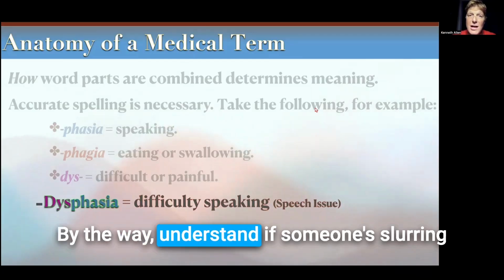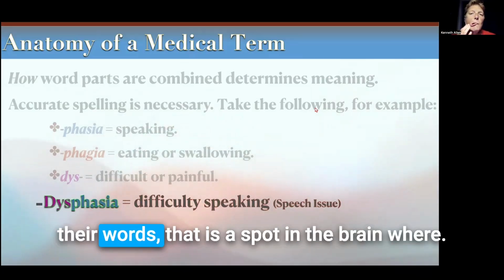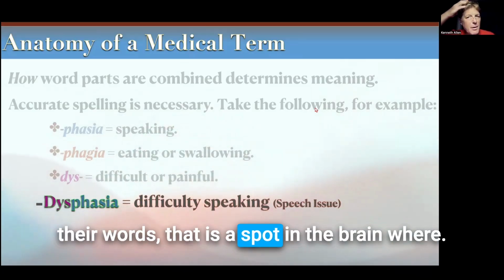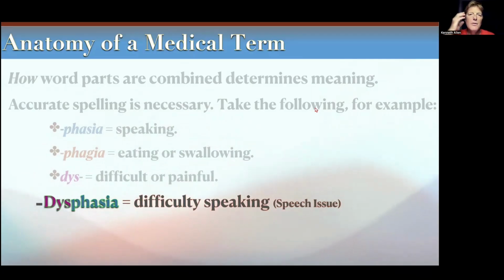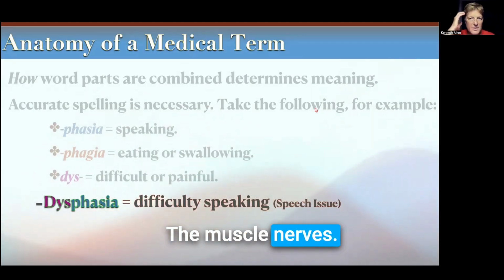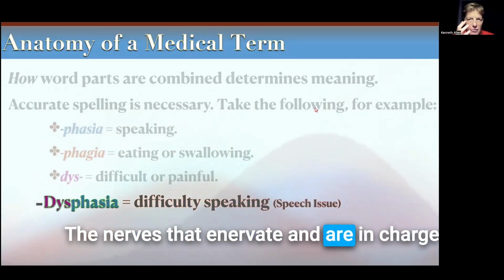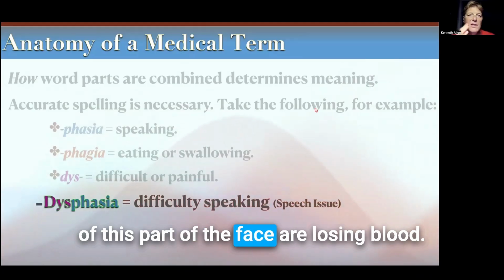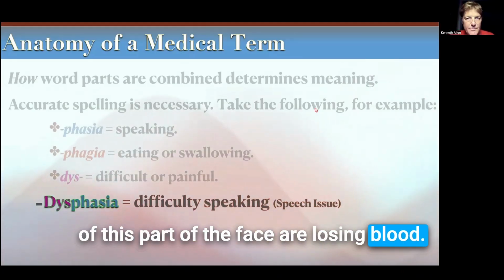By the way, understand, if someone's slurring their words, that is a spot in the brain where the nerves that innervate and are in charge of this part of the face are losing blood.